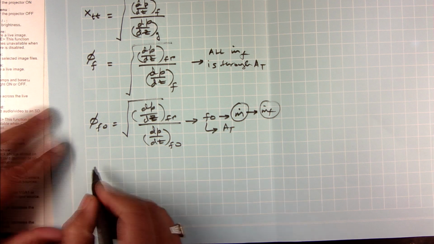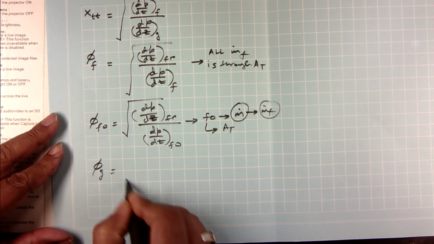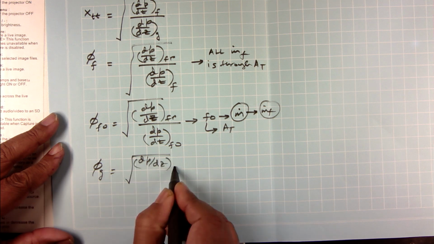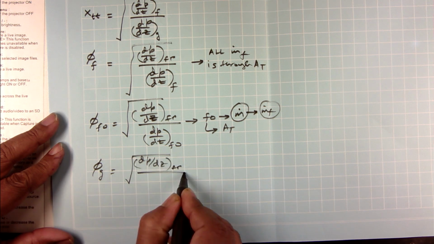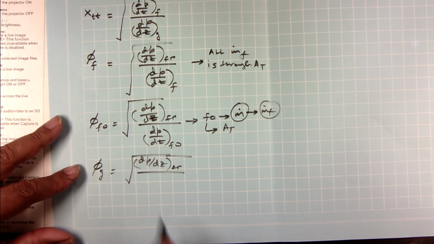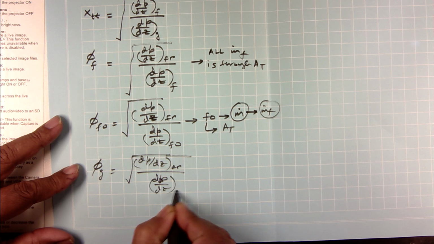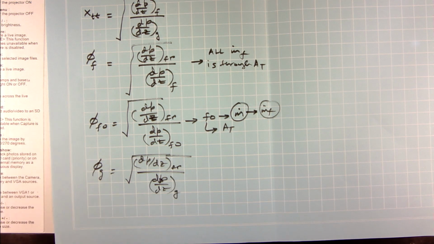And then you also have phi g, which is the square root of dp dz, the total frictional pressure drop for both liquid and gas together, divided by dp dz g, which means the 2 kilograms per second flows through the whole cross section. Now why do I do it?